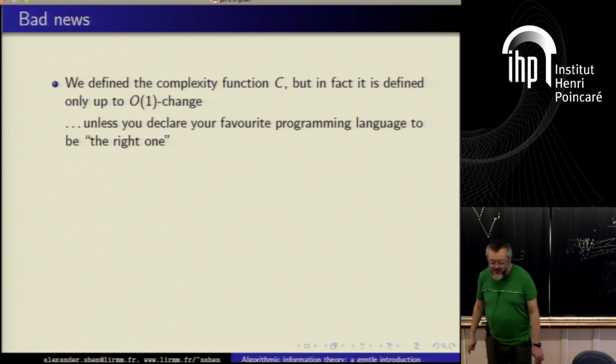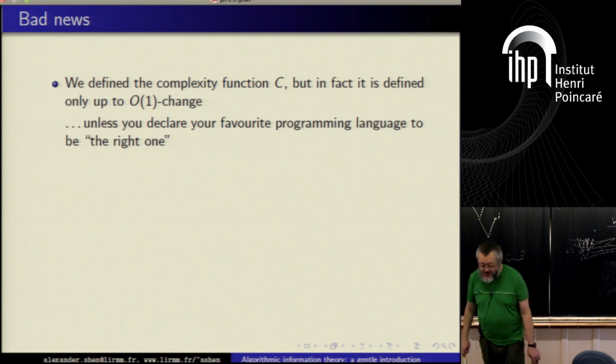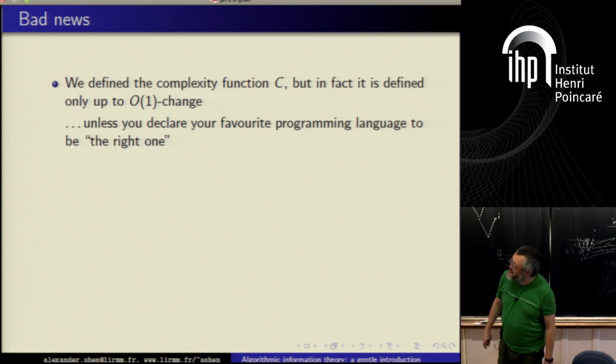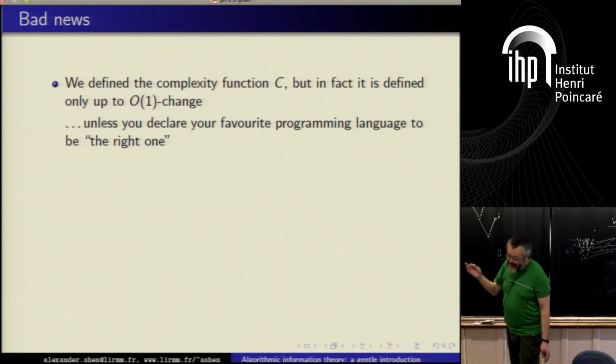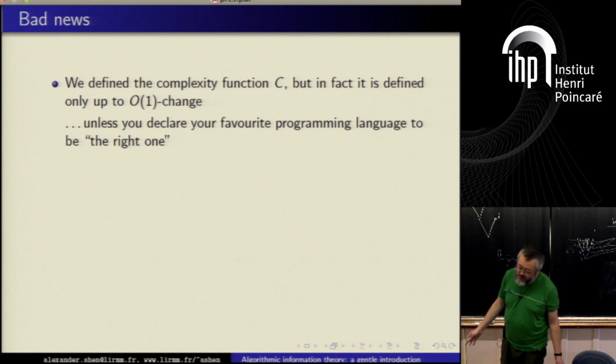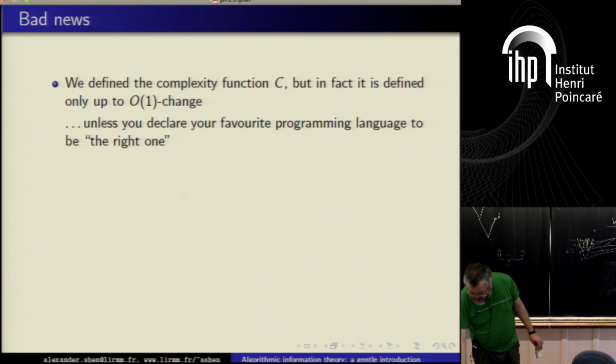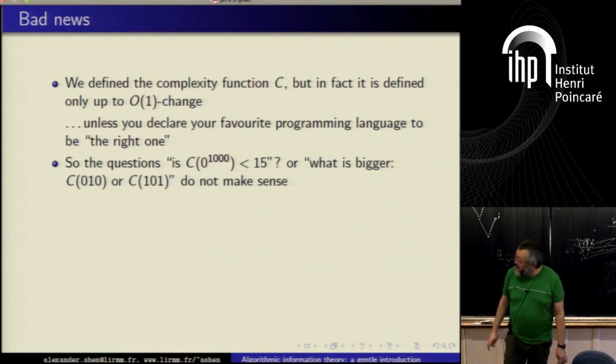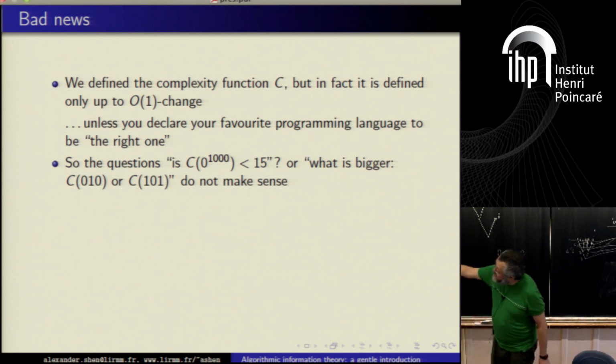For some purposes there were natural candidates, like the language called Forth, which was very concise. But anyway, you can declare your favorite language to be the right one and say this is the complexity function. Of course, it's a kind of cheating. You cannot study questions like this without some specific choice.